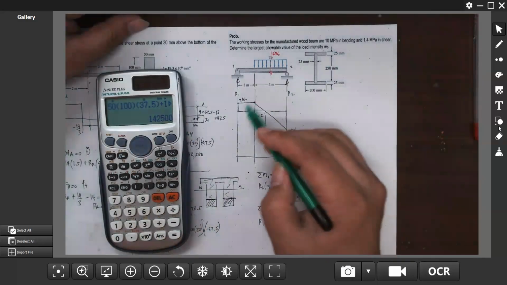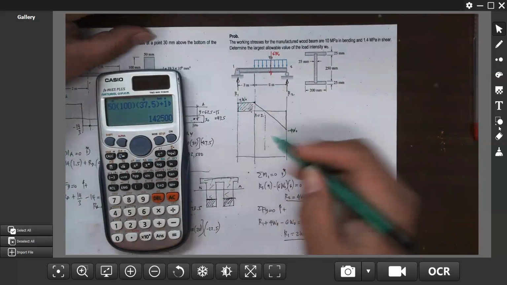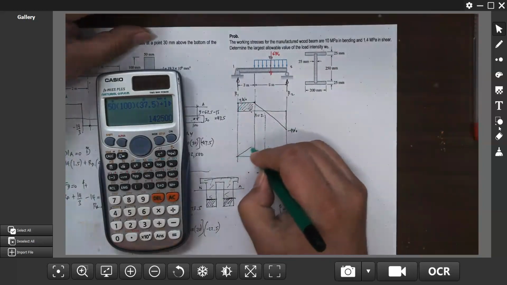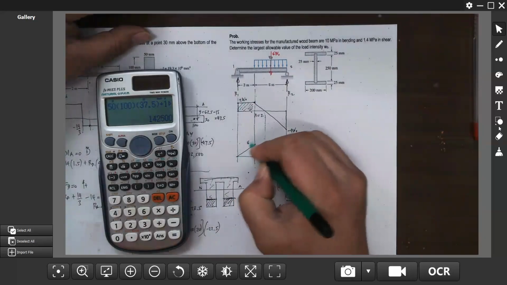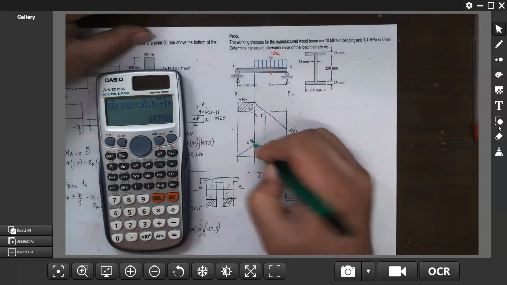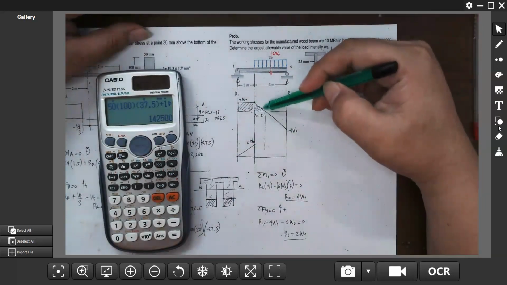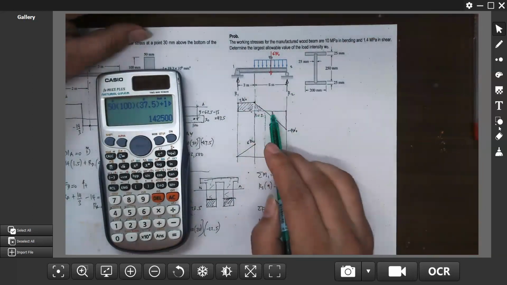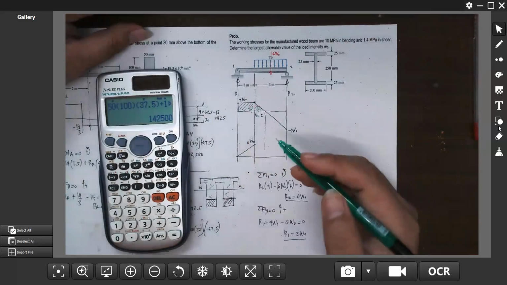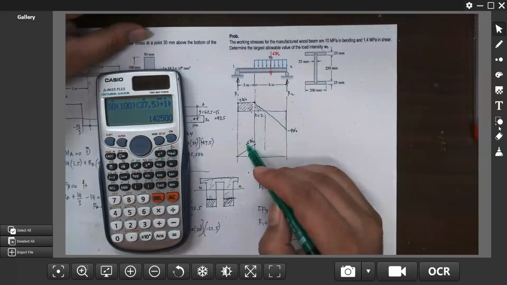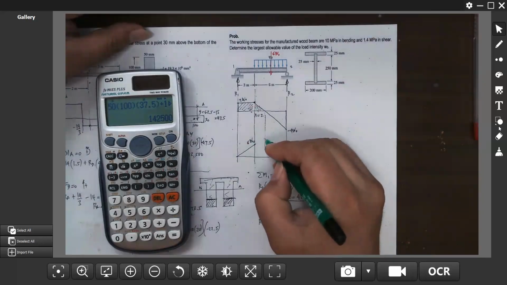Okay. So area: 2W sub O times 3, so you have 6. And then the area: 1/2 of 2 times 2W sub O, 2W plus 6W, so 8.